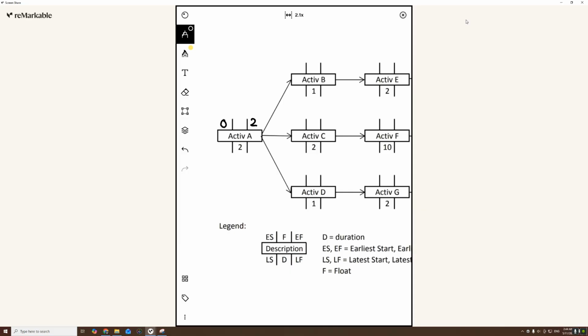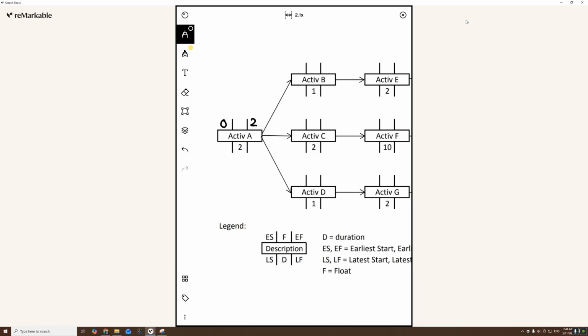Remember what I said. Activities B, C, and D all require activity A to be completed before they can start. So logically, if the earliest we can complete activity A is on day 2, then the earliest we can start activities B, C, and D is also on day 2.